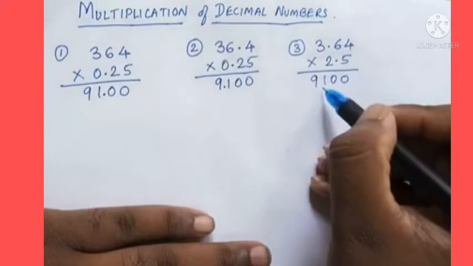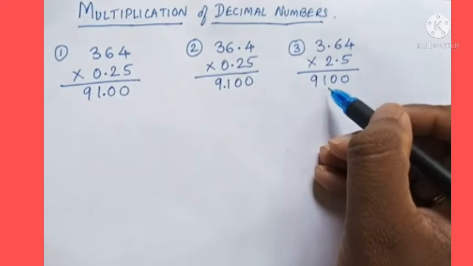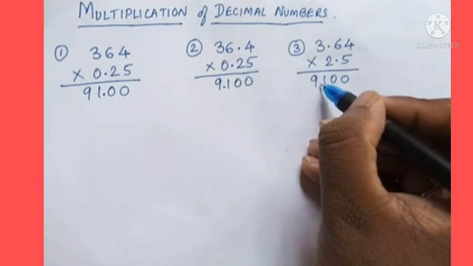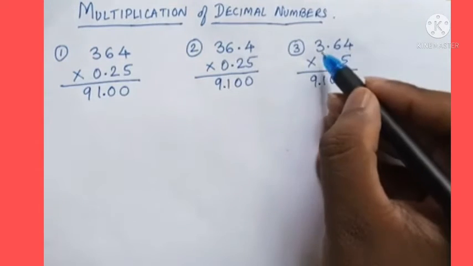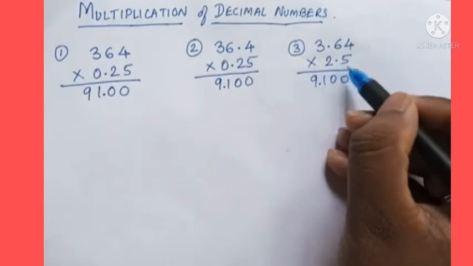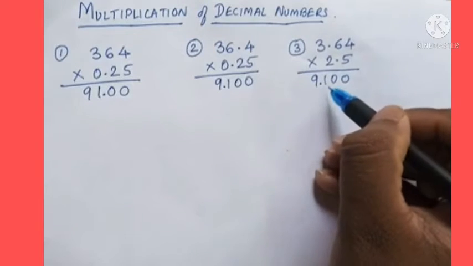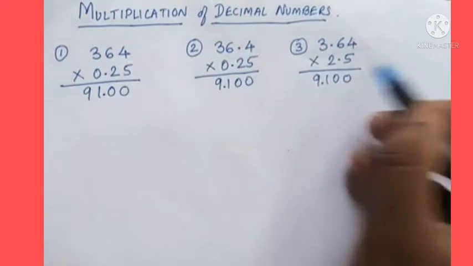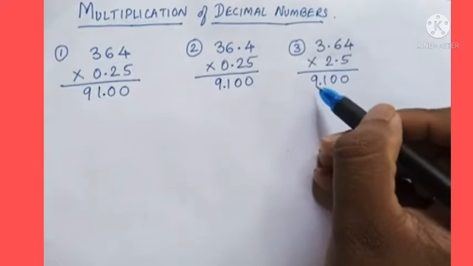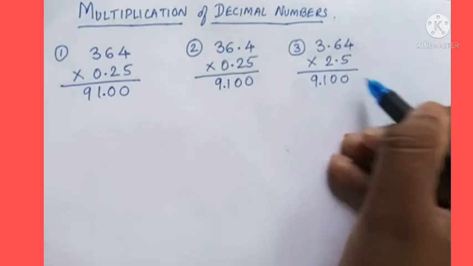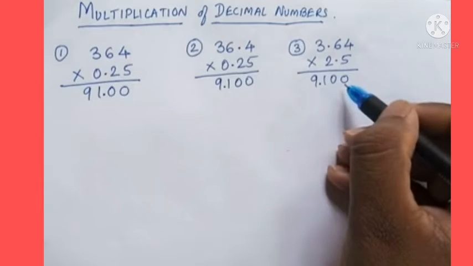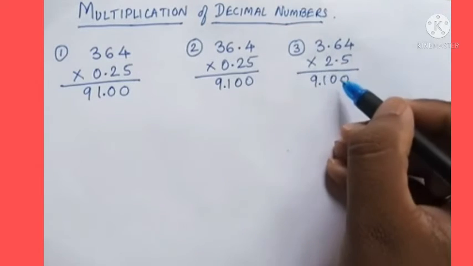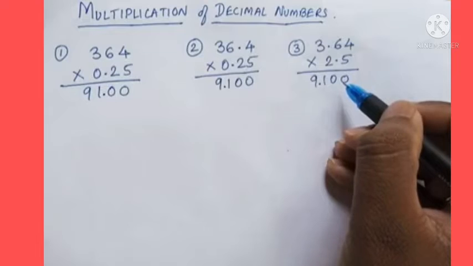So in the final answer also, we will have 3 digits after the decimal point. Hence, the appropriate location for the decimal point will be this. And the answer for 3.64 multiplied by 2.5 is 9.1 again. We can read it as 9.1 or as 9.100. Doesn't matter. The end zeros after the decimal point do not matter, whether you read them or not.